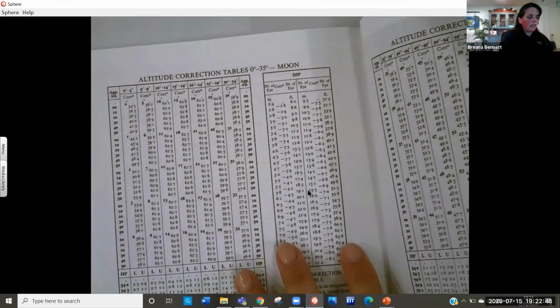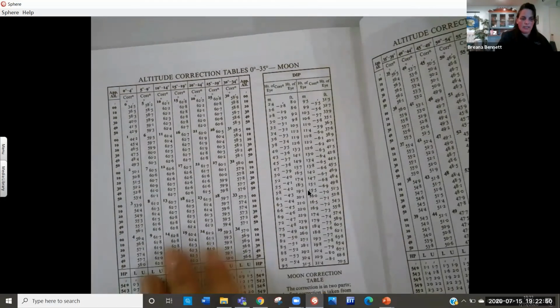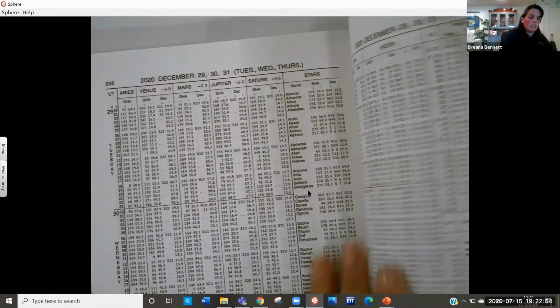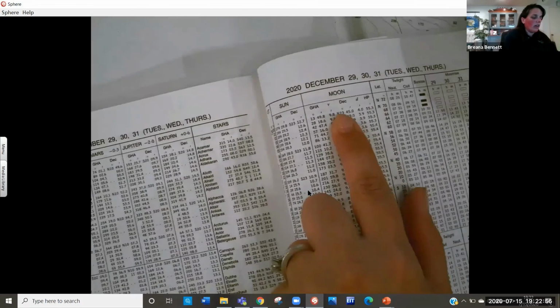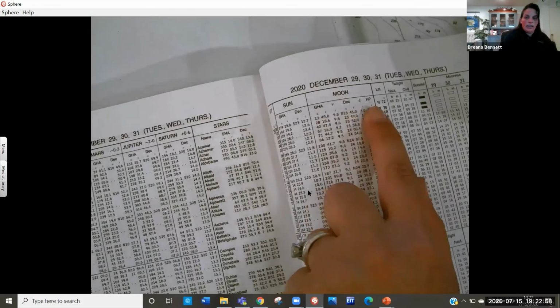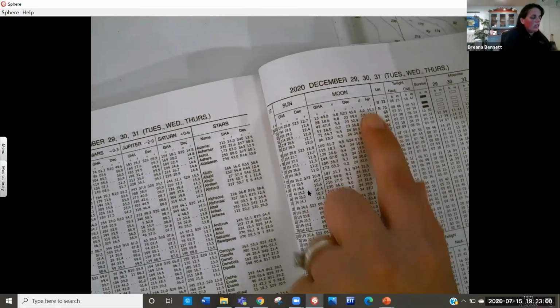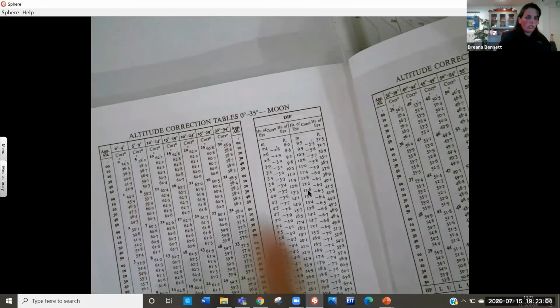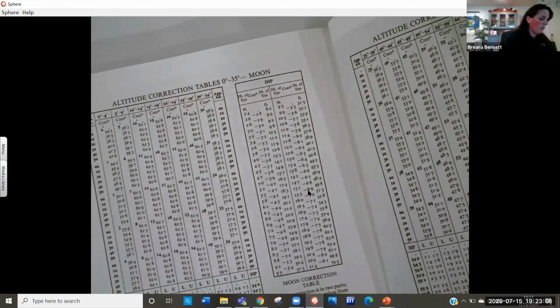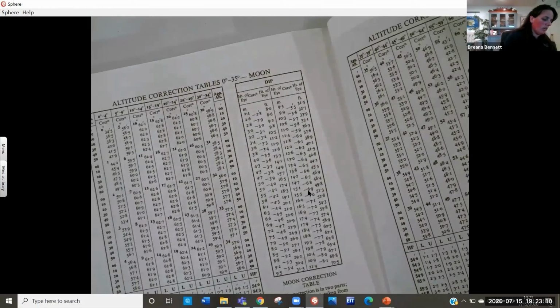So, like I said, when we were looking at our daily pages, we had our V and D and HP. We're going to be using our moon corrections for that, and we will do some moon examples as well.